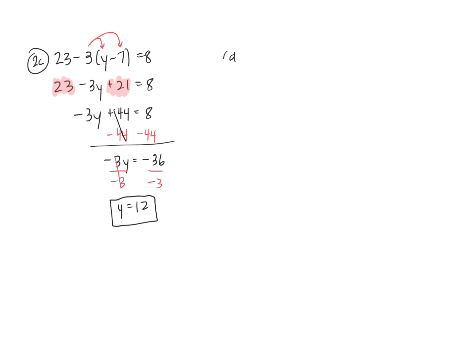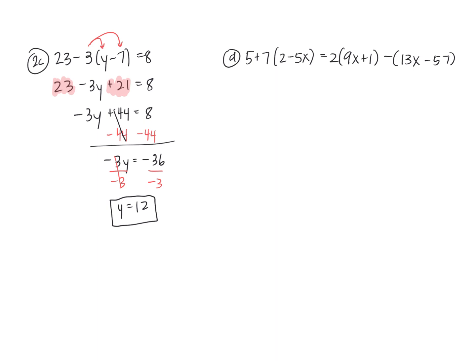For part D, we have 5 plus 7 times 2 minus 5x equals 2 times 9x plus 1 minus 13x minus 57.